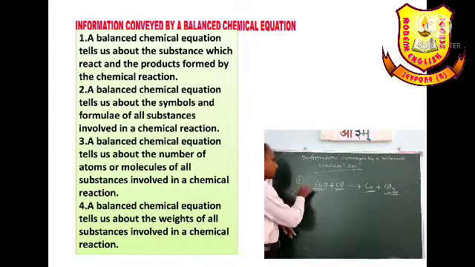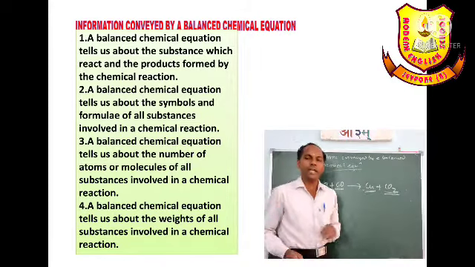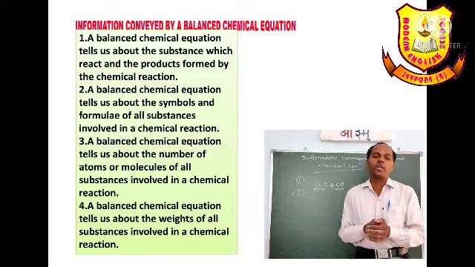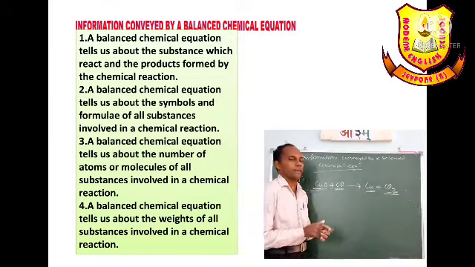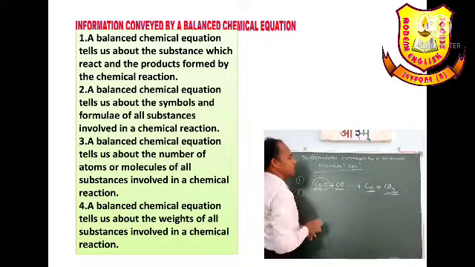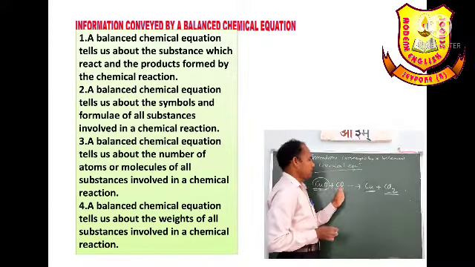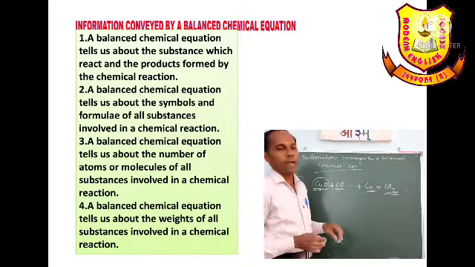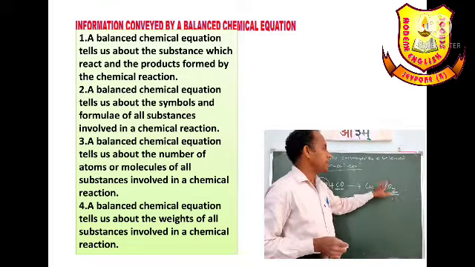Second point, a balanced chemical equation tells us about the symbols and formulas of all substances involved in a chemical reaction. Here, copper oxide CuO, carbon monoxide CO, symbol copper Cu, and formula of carbon dioxide CO2.